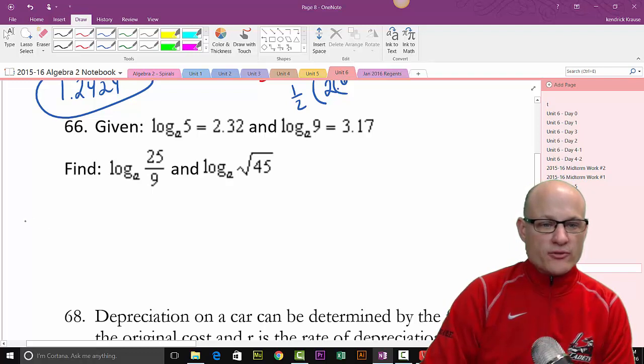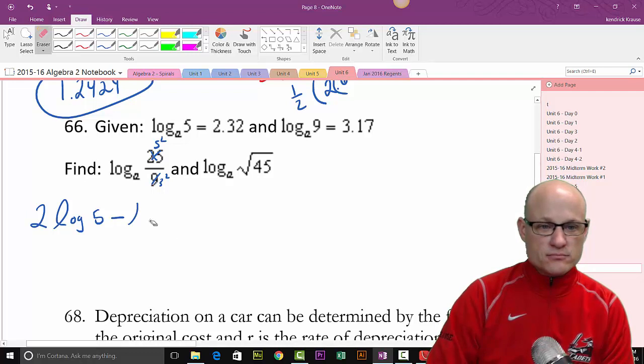Didn't give you a lot of room here. So I'm going to write this as 5 squared. So this thing becomes log of 5 squared, but the 2 comes out here. And I'm going to write this one as 3 squared. So minus log of 3 squared, but the 2 comes out here.